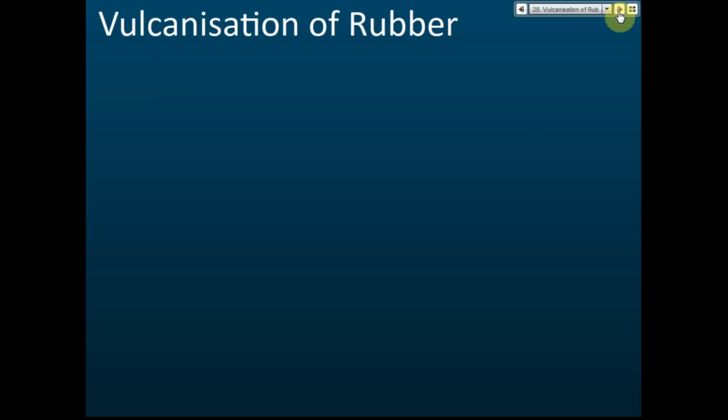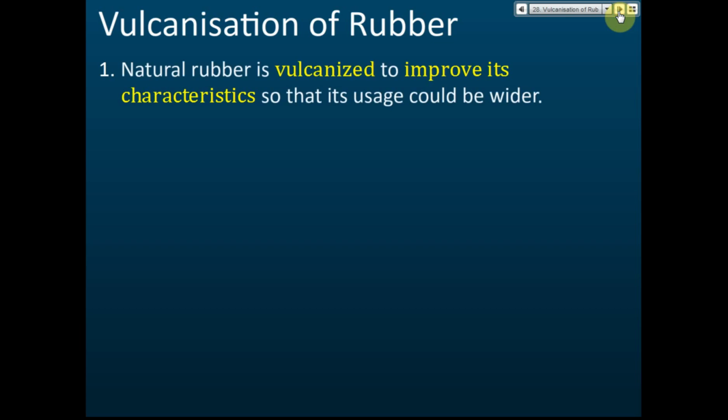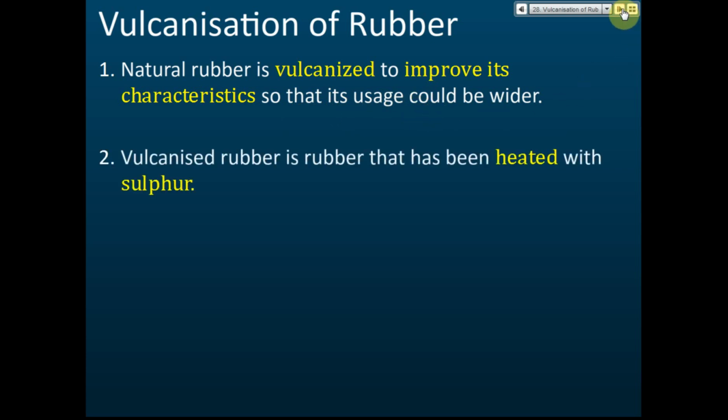To strengthen rubber, we use a process called vulcanization. Natural rubber is vulcanized to improve its characteristics so that its usage could be wider. What does this mean? Vulcanized rubber is rubber that has been heated with sulfur.